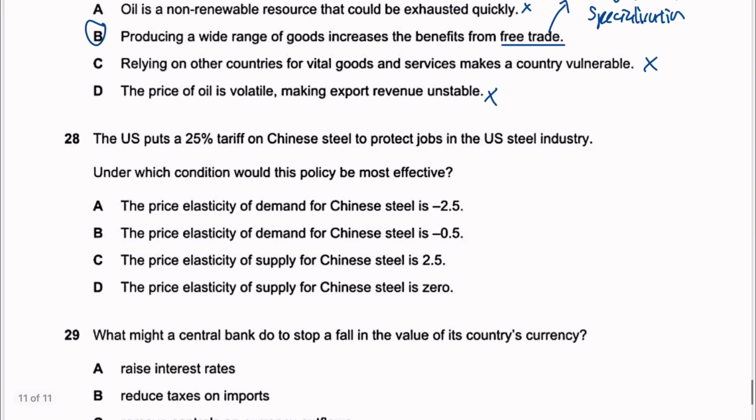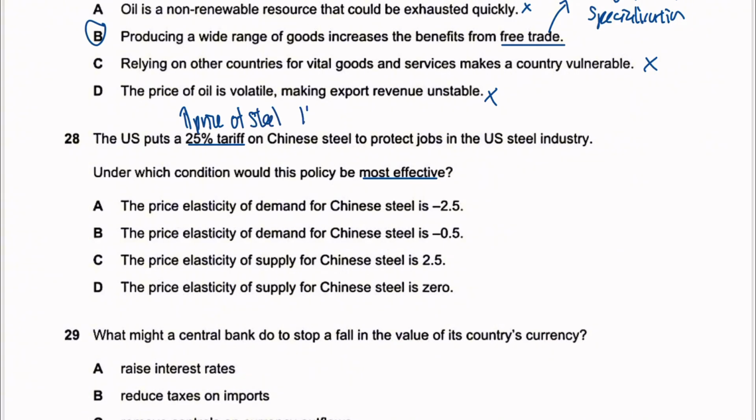Question 28. The US puts a 25% tariff on Chinese steel to protect jobs in the US steel industry. Under which condition would this policy be most effective? Okay, so tariff, what's the effect of tariff? Tariff will cause the Chinese steel to increase in price.